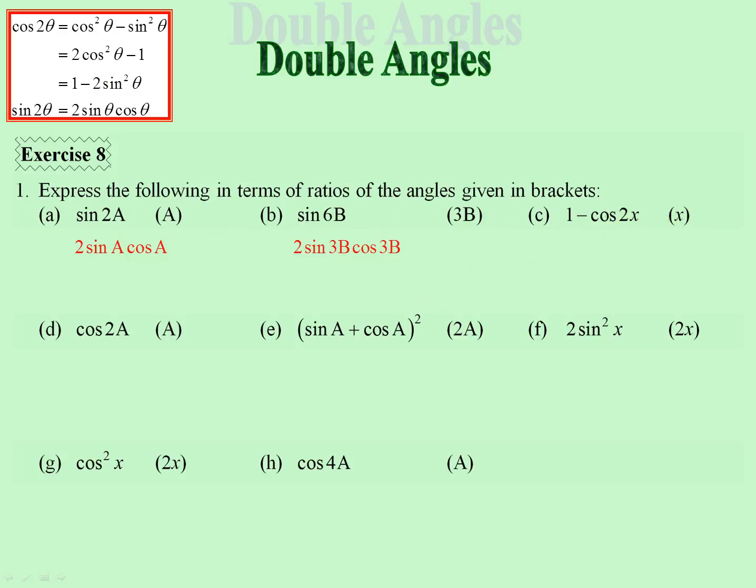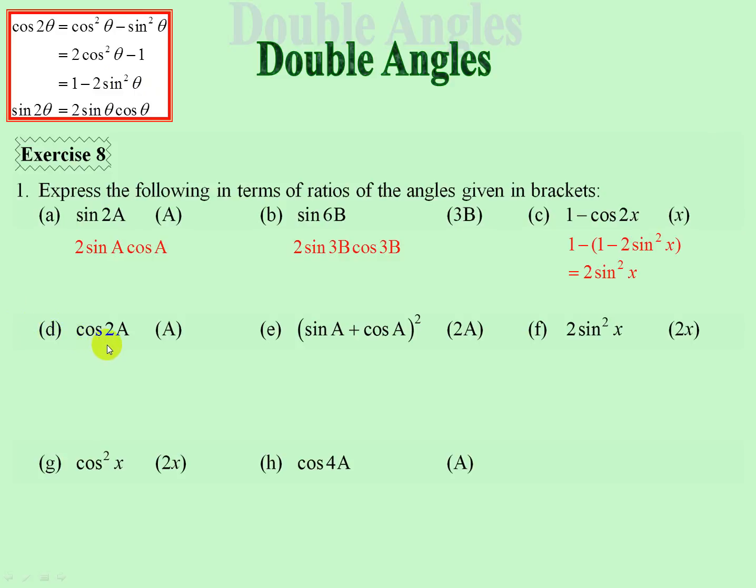Well, we have 3 options open to us there. We could write that one, or that one. But I want to be mathematically neat, so which one am I going to use? Well, have a look. 1 minus cos, so I want this to have a 1 in it, a plus 1. So therefore, I'm going to use the third one, and that simplifies to 2 sine squared x.